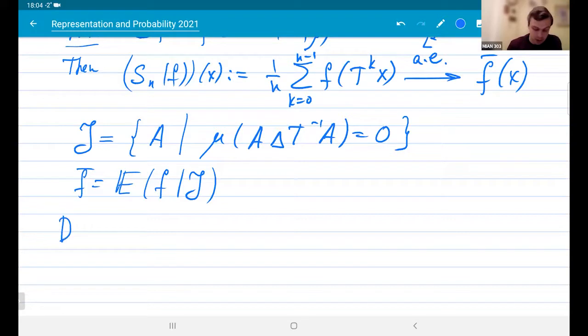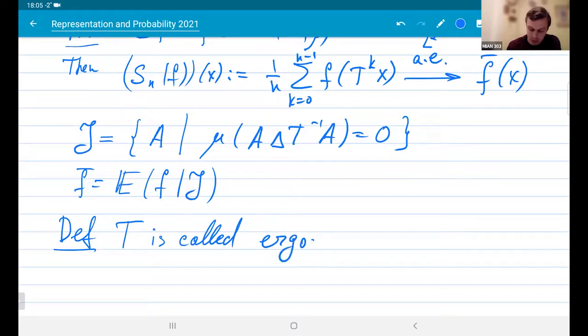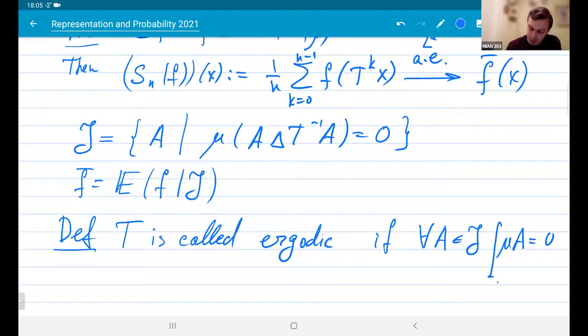Definition. T is called ergodic if for every invariant set A, mu of A either equals 0 or equals 1.